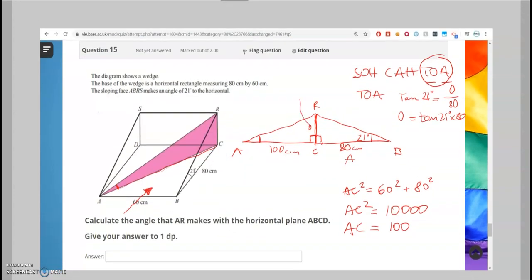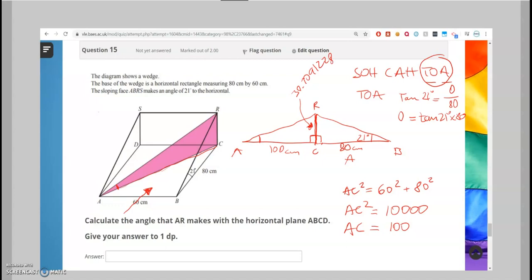So that is this here, this length, which is in common for both of the triangles.